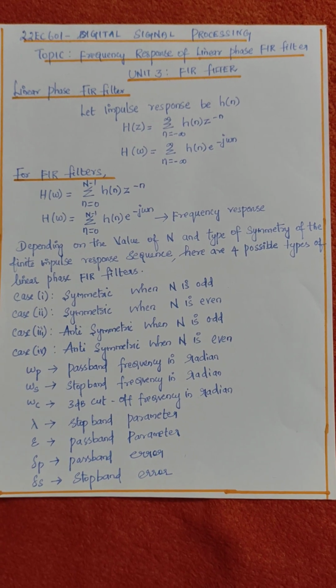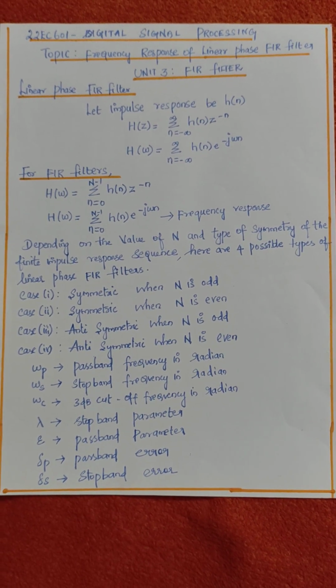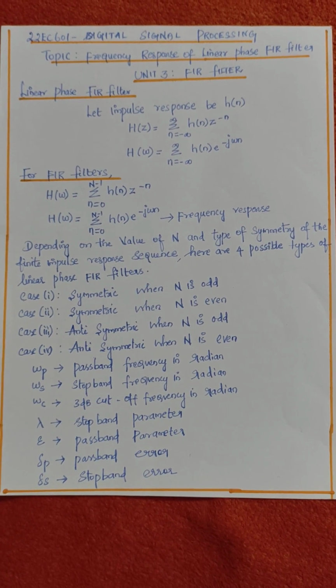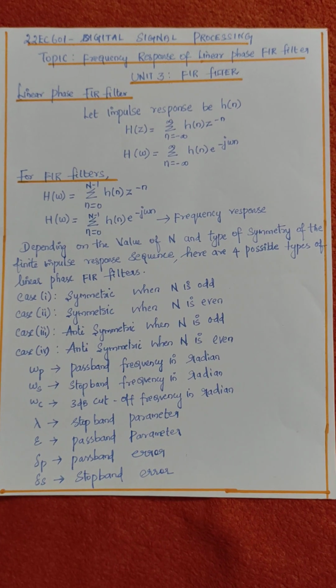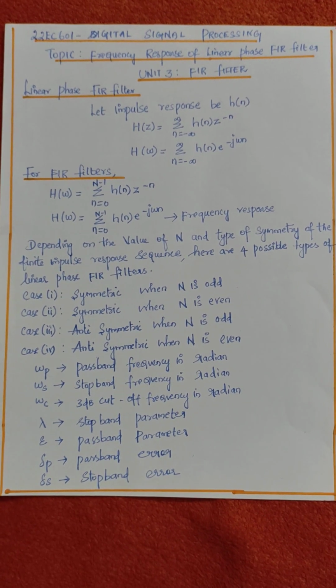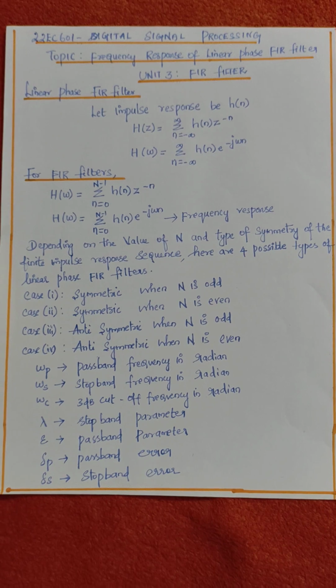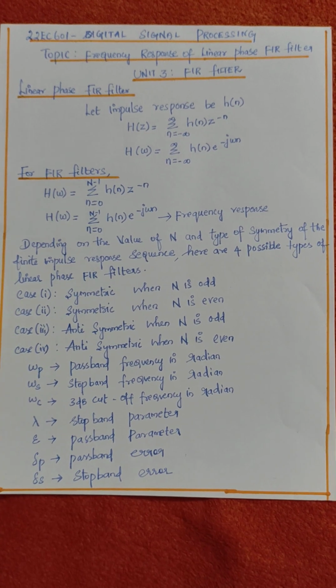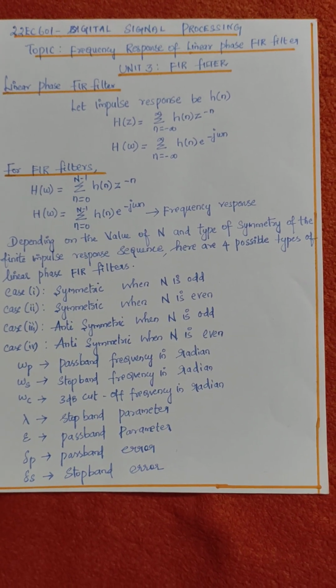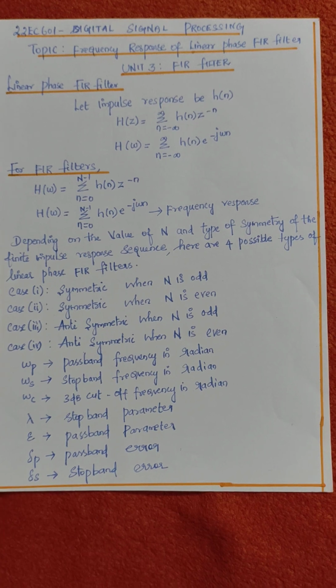Once we are solving the derivation problems in this third unit, most of the problems are symmetric in nature and most of the N values are odd values. If you have even values, you can solve, but mostly they are odd values. It may be a response in ideal as well as in the linear phase.